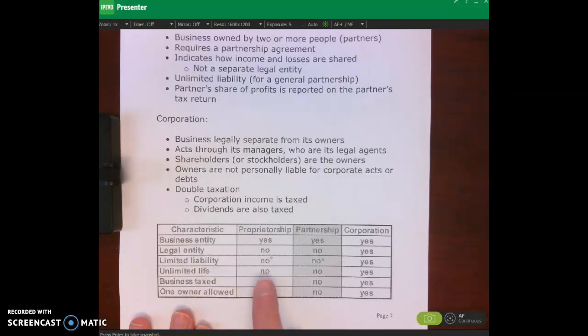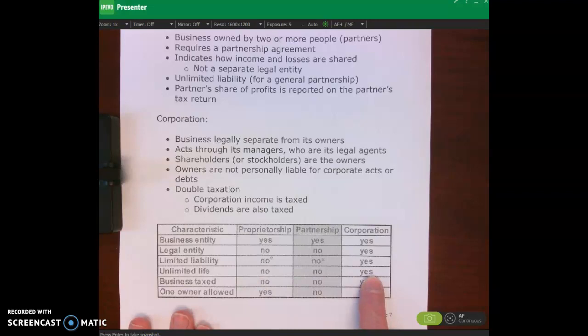Limited liability, no for proprietorship, no for partnership, yes for corporation. We'll talk more about limited liability, especially for partnerships and sole proprietorships, in a little bit more detail in Chapter 12. Unlimited life, no for proprietorship, no for partnership, yes for corporation.